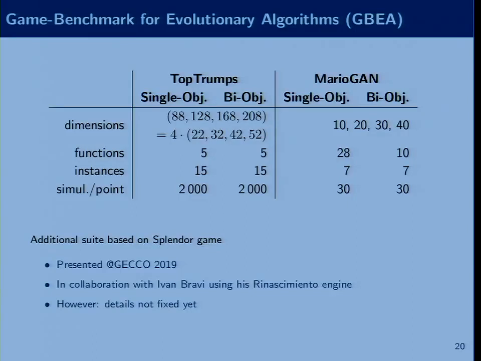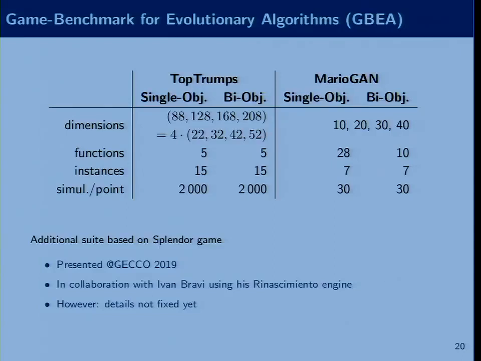We have 5 functions in the single objective case, 5 as well in the bi-objective case, 15 instances each, and 2,000 simulations per points. In the Mario gun, we have either a dimension of 10, 20, 30, or 40. We have 28 functions in the single objective suite, as well as 10 in the bi-objective suite, 7 instances each, and 30 simulations per points.